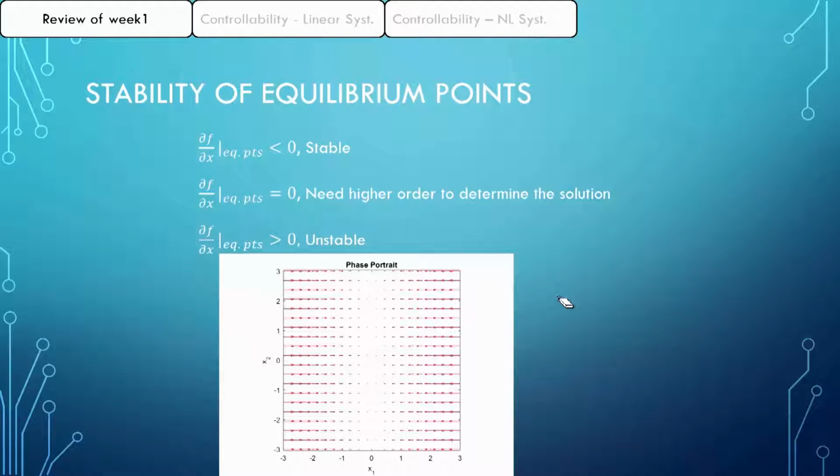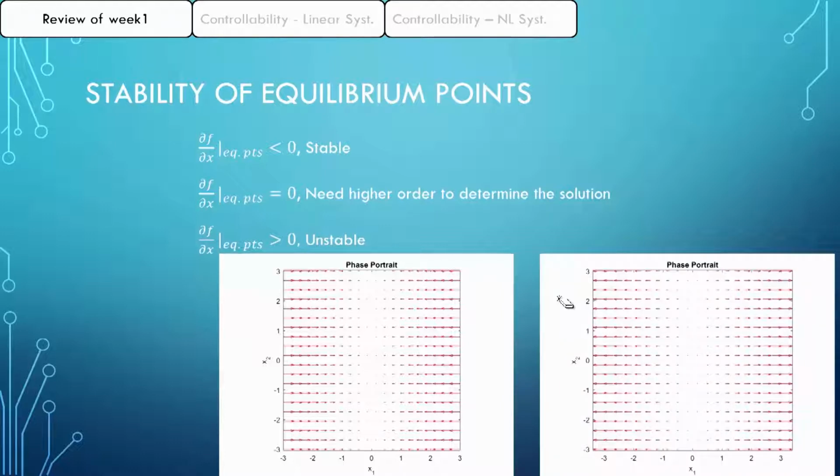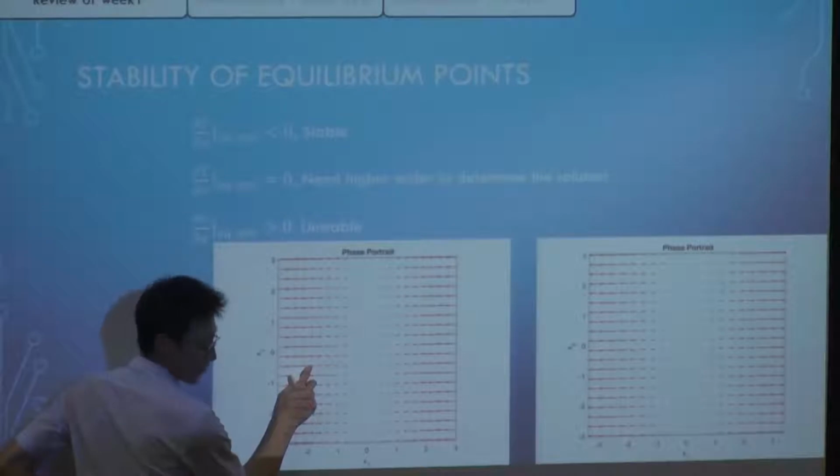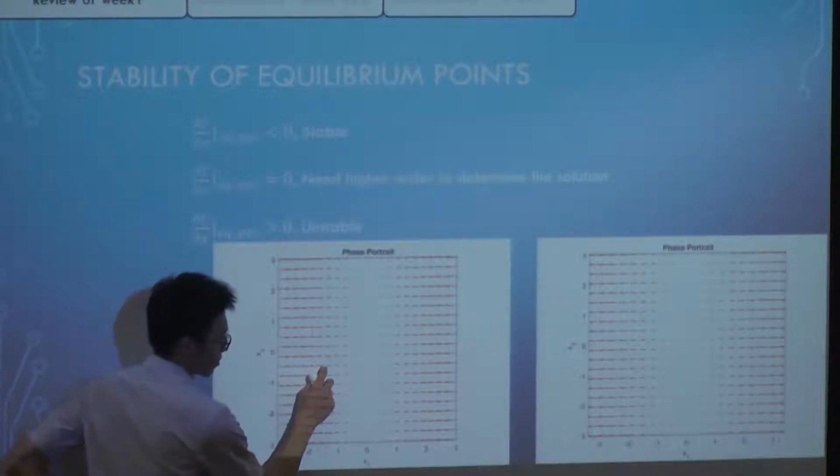I did not write down the equations for this system, the dynamics equation, but you can still tell from this phase portrait whether this system is stable or unstable. The difference is, for this picture, let's say here, the vector field is pointing to the right.